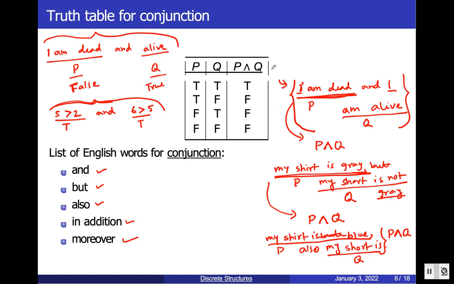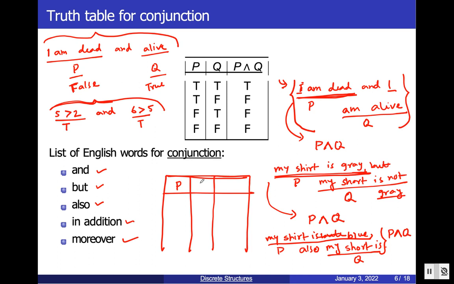For the truth table of conjunction, we are going to draw a table like this. Here P and Q are our input statements and we are going to list all the combinations of P and Q. When P is true, Q can be true or false.